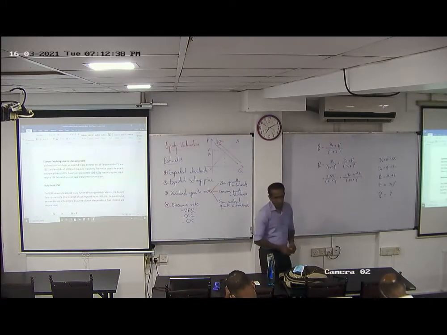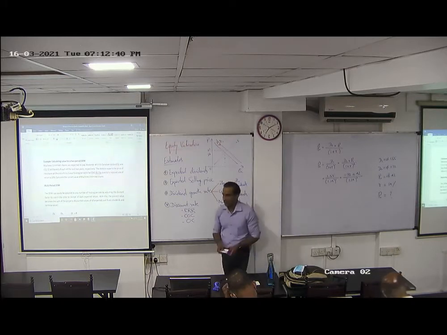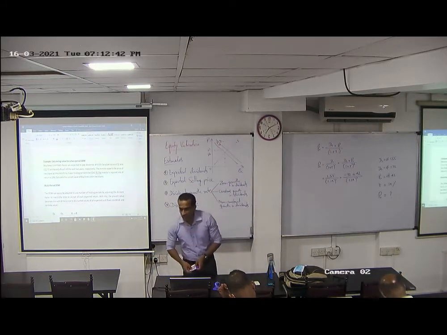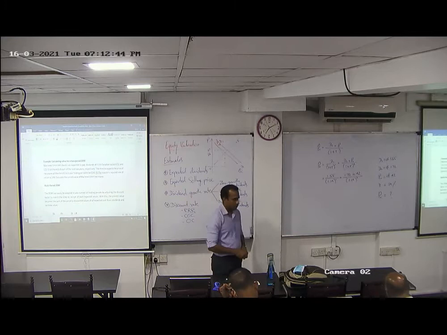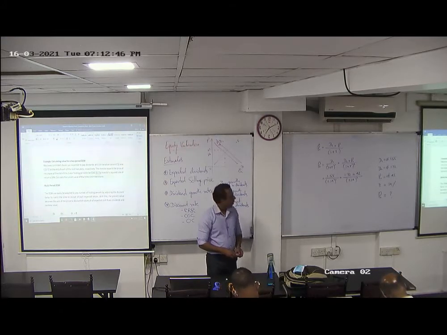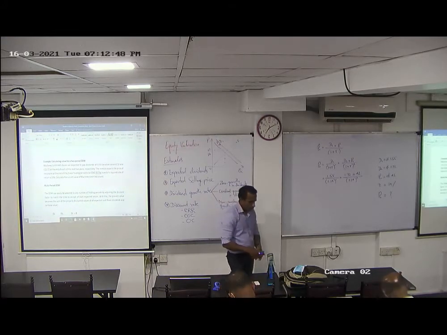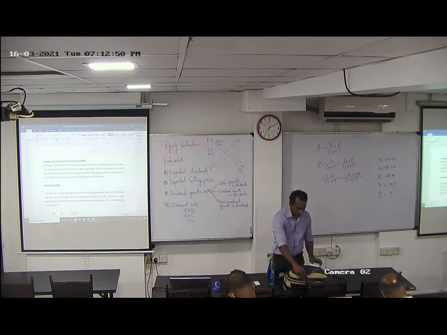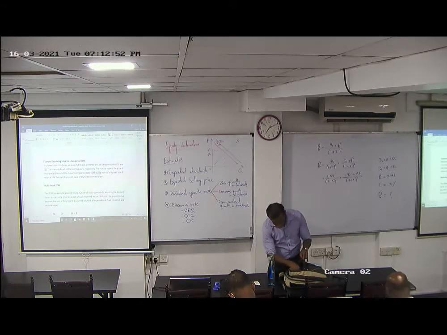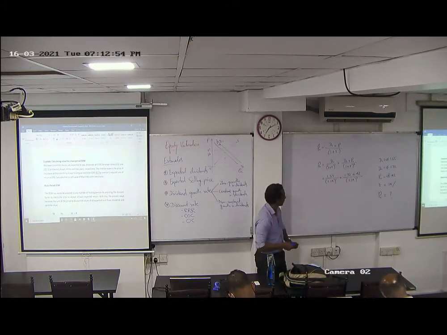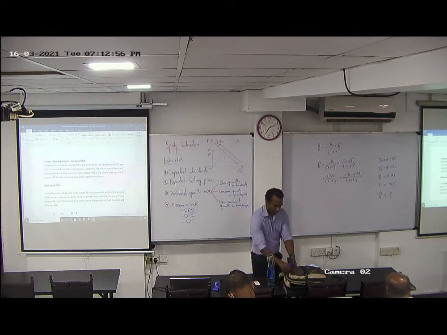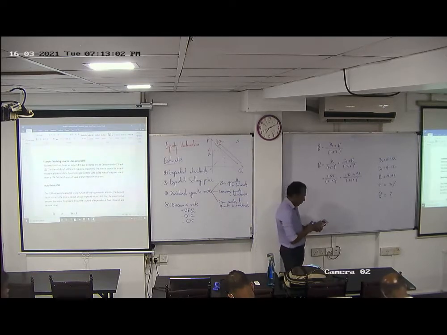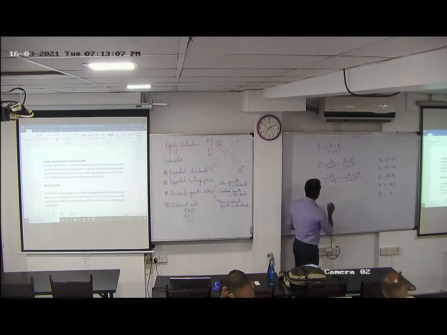Right. What is the price? 35. Yeah, so here you need to discount and then add. 1.55 divided by 1.14, that is 1.36.